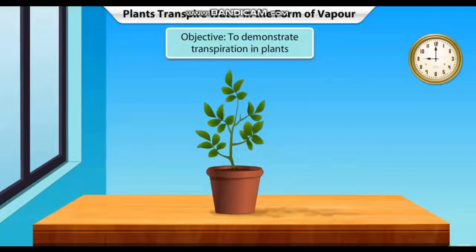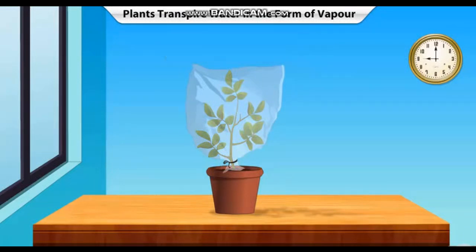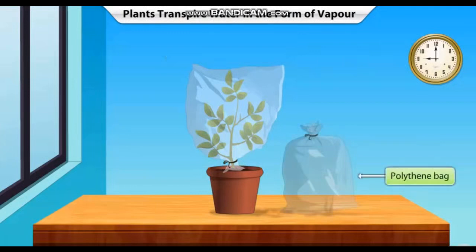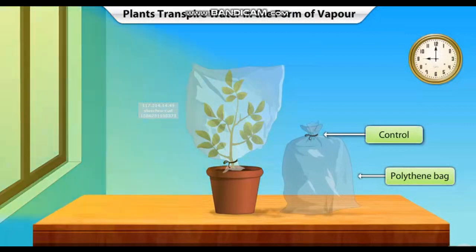A well-watered potted plant is taken. The exposed part of the plant is covered with a transparent polythene bag. The bag is tied to the stem of the plant with a string. Similarly, another string is tied around an empty polythene bag, which will act as a control. Both the plant and the empty polythene bag are exposed to sunlight for 1 or 2 hours.